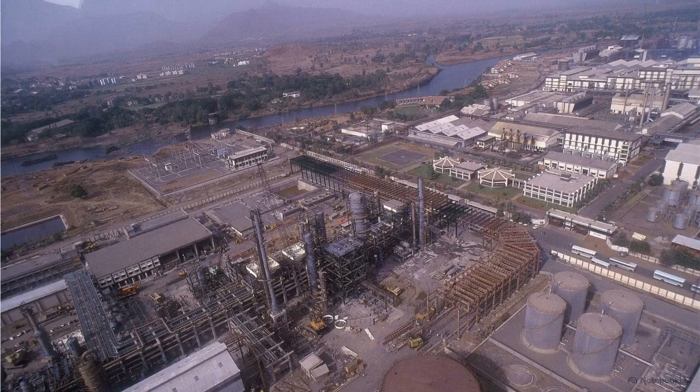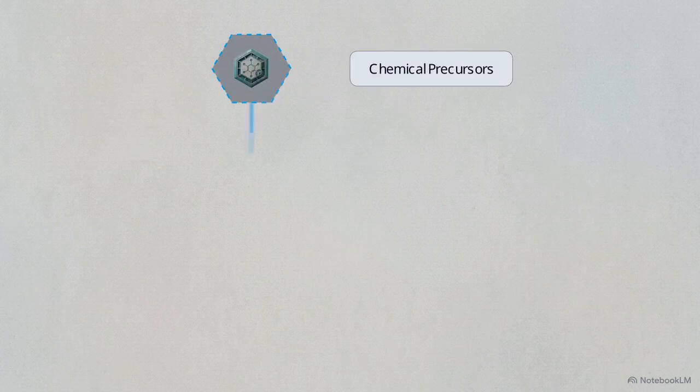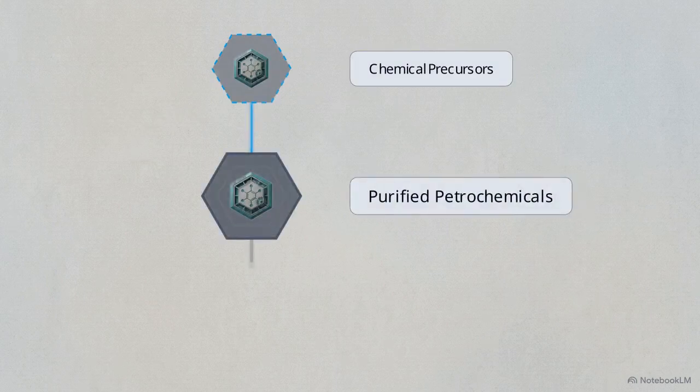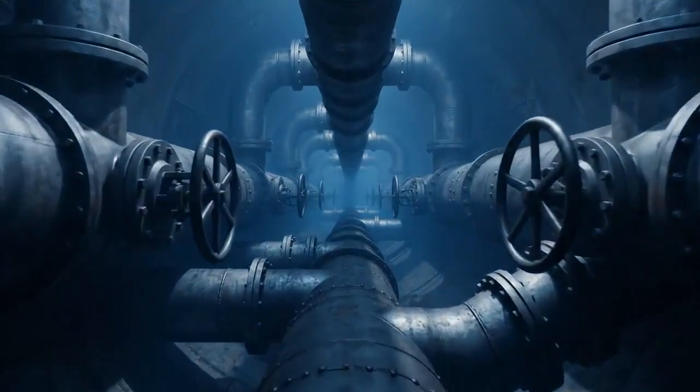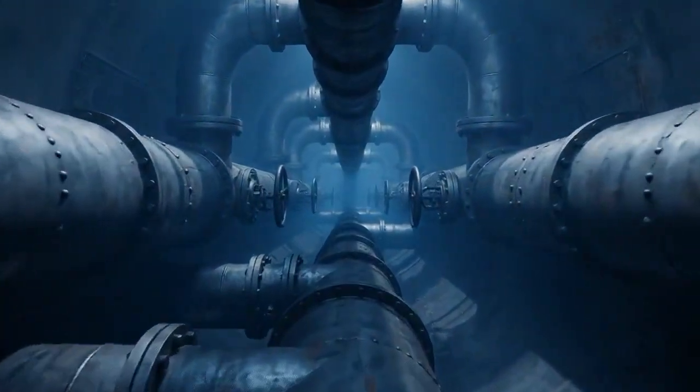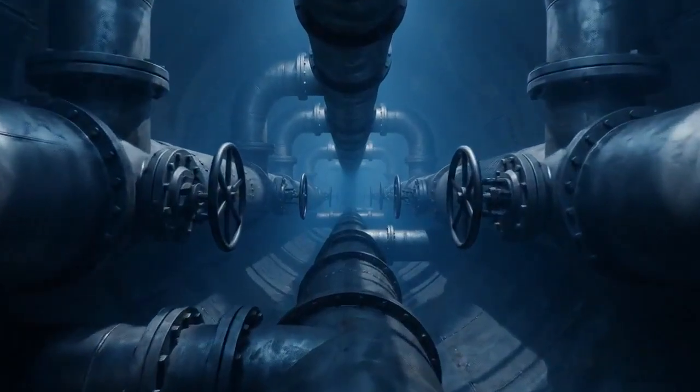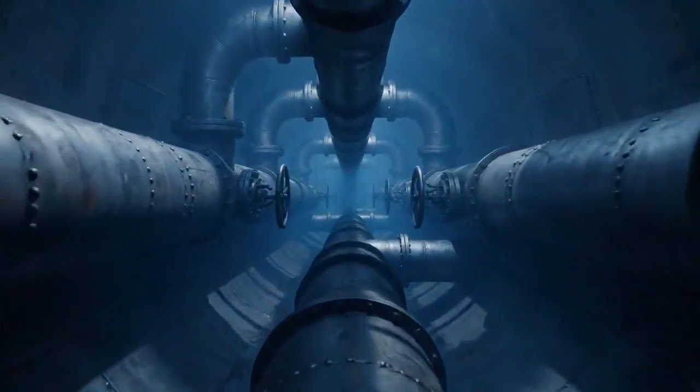They constructed the massive Patalganga facility to manufacture their own polyester filament yarn and the chemical precursors needed to make it. But chemical precursors require purified petrochemicals, and petrochemicals require refined crude oil. Every time they solved one supply chain bottleneck, they exposed a much larger, more expensive dependency further down the line.